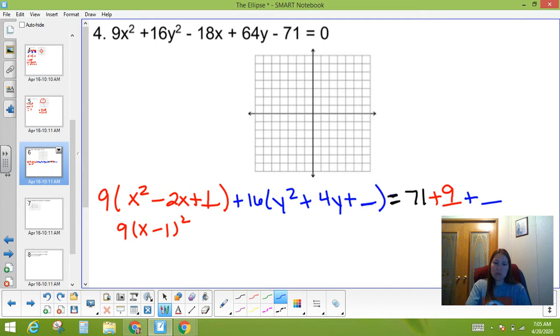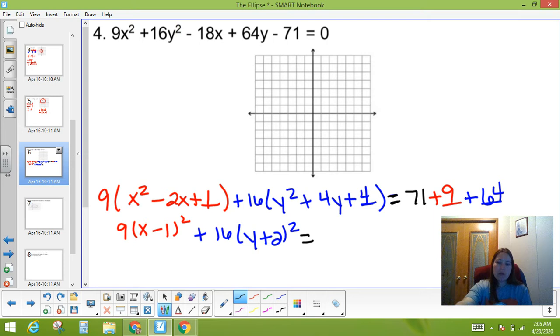All right, so for the y's, you have plus 16. We're trying to factor this to parentheses squared. So half of positive 4 is positive 2. 2 squared puts a 4 here. 4 times a 16 puts a 64 on the other side.